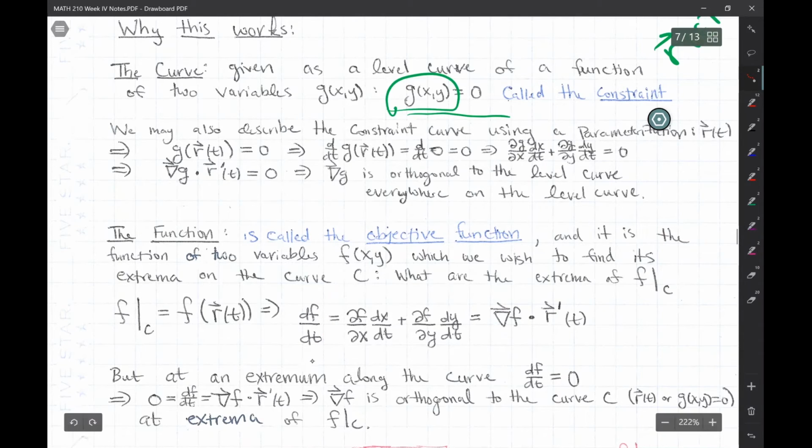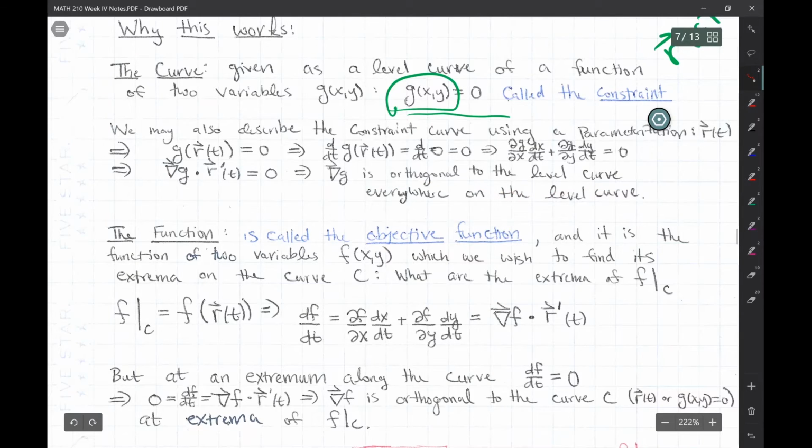So at extrema of the function on the boundary, we expect the derivative to be 0, and that means that at those extrema, the gradient and the tangent vector will be orthogonal. So we could say that the gradient of f is orthogonal to the curve at the extrema of the boundary function. So the gradient of G is always orthogonal to the level curve.